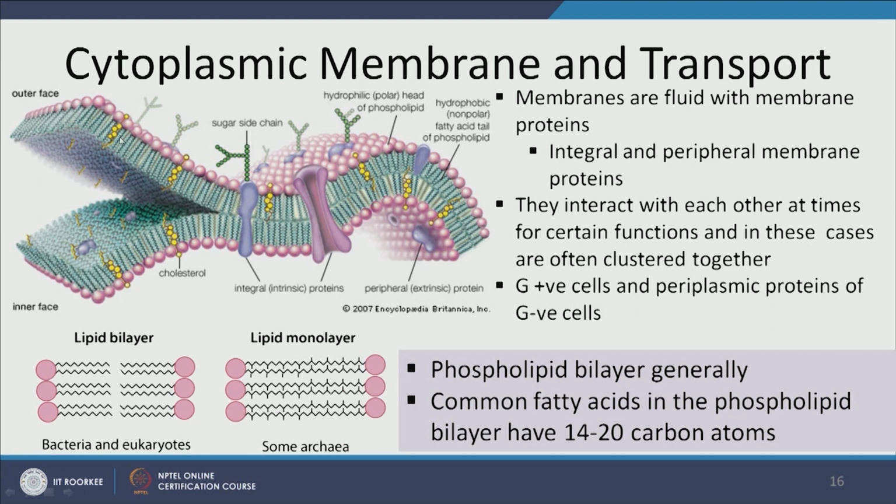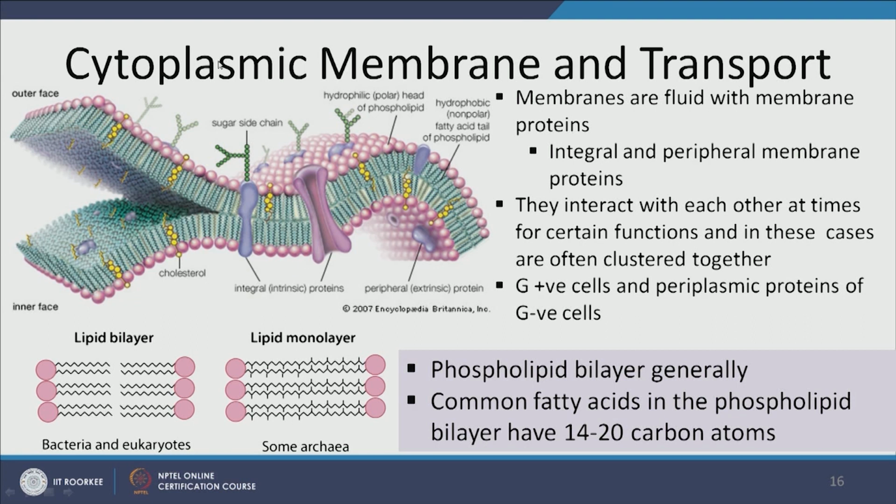Another example is here. The blue lines here represent the lipids. This is the hydrophobic portion of the cell, and the purple balls here are the hydrophilic portions of the cell. So the cell membrane on the outside lives in an aquatic environment, and on the inside has cytoplasm, which is basically an aqueous mixture.